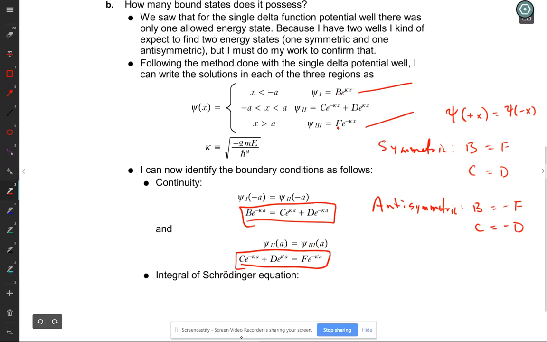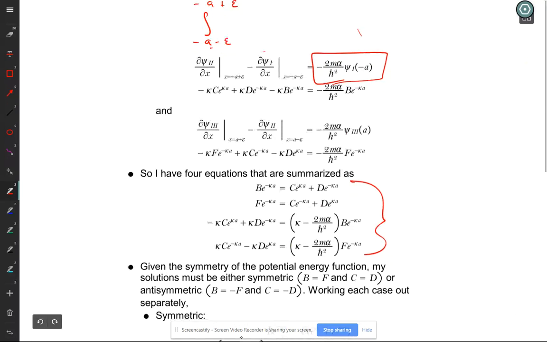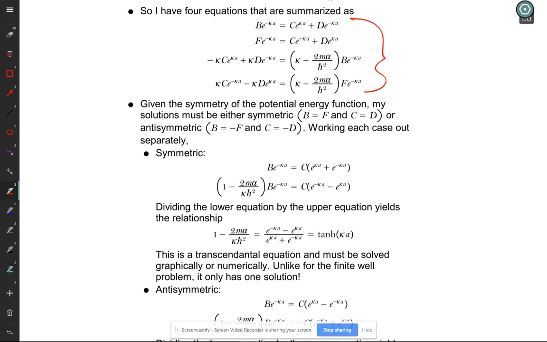Psi of minus x would be F e to the minus kappa, and then since it's minus x, that becomes a plus x again. So the F and B would have to be the same for symmetric. For anti-symmetric, they'd have to be opposite signs. And if x is less than a, then I have C, well, you're just going to flip the exponents when you go from the plus to the minus. So that's where we have our symmetric and anti-symmetric cases here.